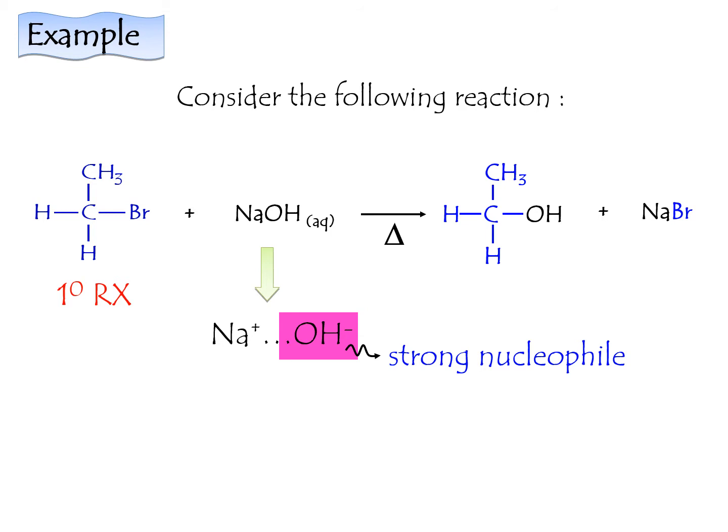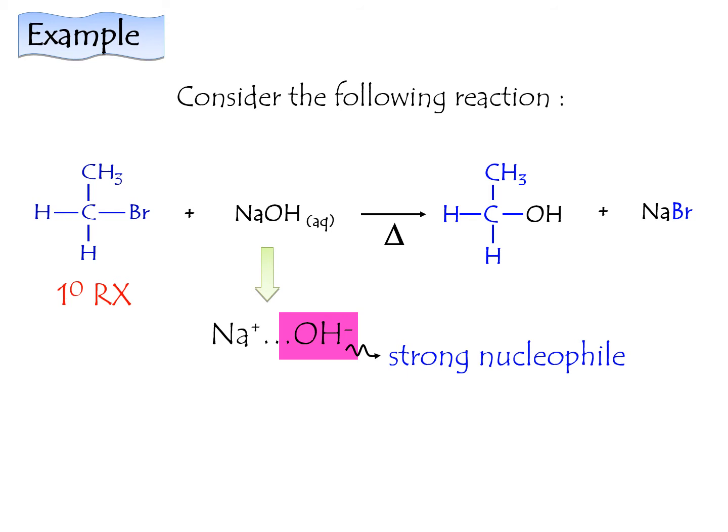According to this chemical equation, we need to choose the most suitable mechanism for the nucleophilic substitution reaction of the haloalkane. The reaction involves a primary haloalkane, therefore the most suitable mechanism is the SN2 mechanism.